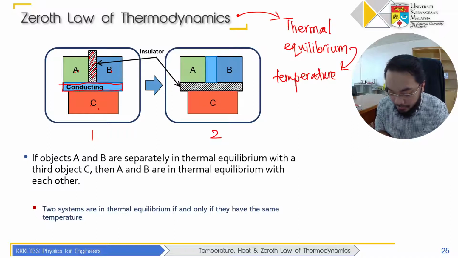If objects A and B are separately in thermal equilibrium with a third object C, then A and B are in thermal equilibrium with each other. What does this mean?